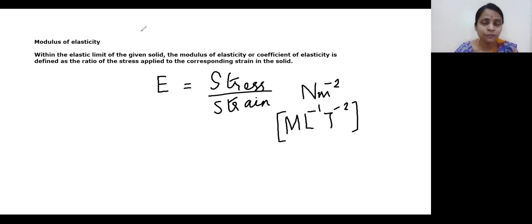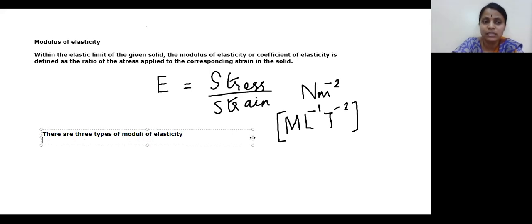Now, what are the three different types of strain we said? Linear, volume, and shear. So based on these three strains, the moduli of elasticity are going to be of three types. Moduli is plural, modulus is singular. There are three types of moduli of elasticity depending on the strain that the body is subjected to.